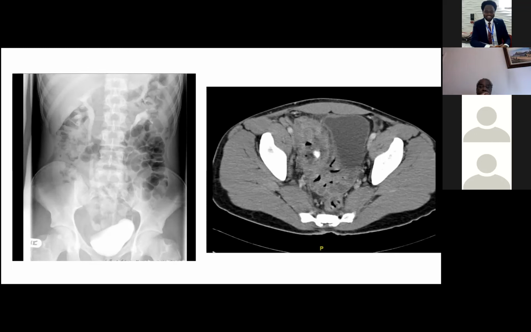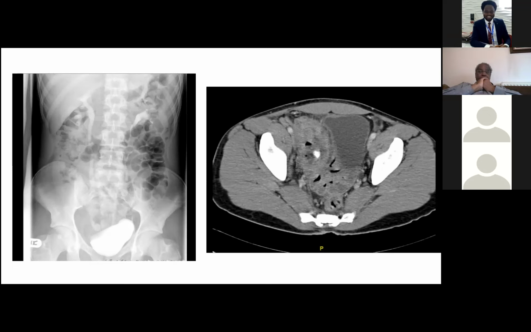Now, to go from the initial X-ray to the CT scan took 2 days. I think this case shows one of the problems with abdominal X-rays, especially in younger patients presenting with abdominal pain. Essentially, there is no role for them in the vast majority of young patients coming with abdominal pain.